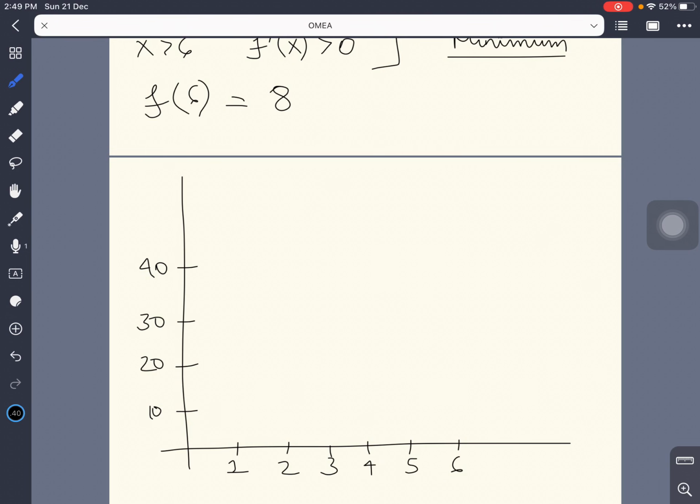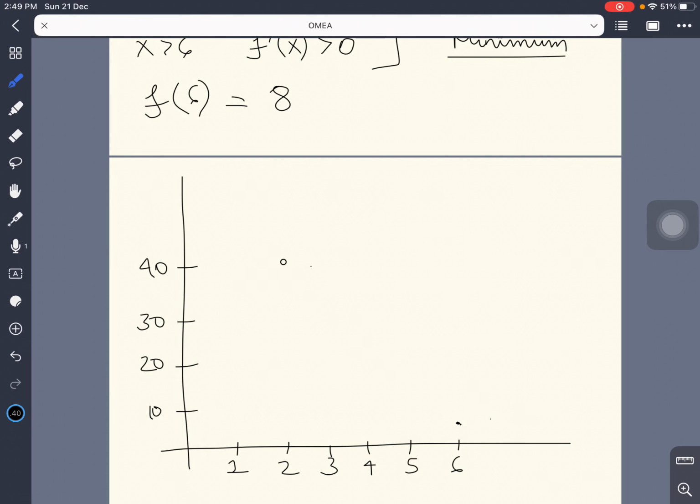At x is equal to 6, the minimum value of the function is 8. And at x is equal to 2, the value of the function is 40, which represents a maximum value.